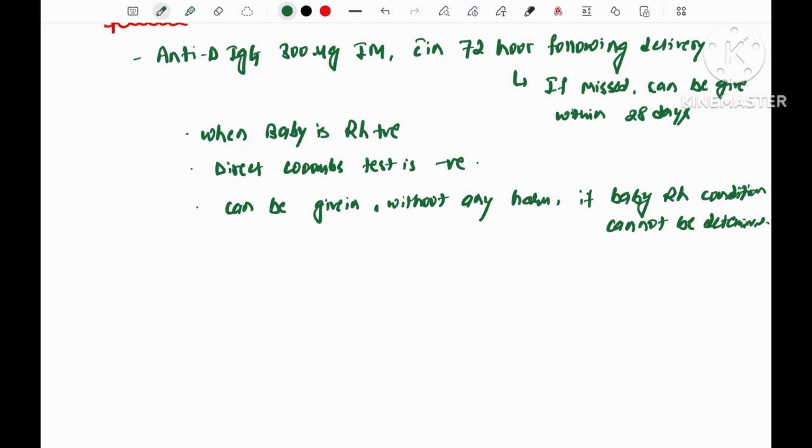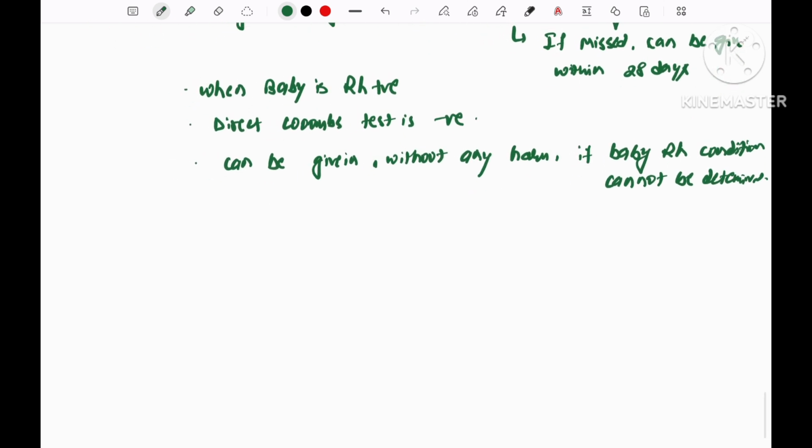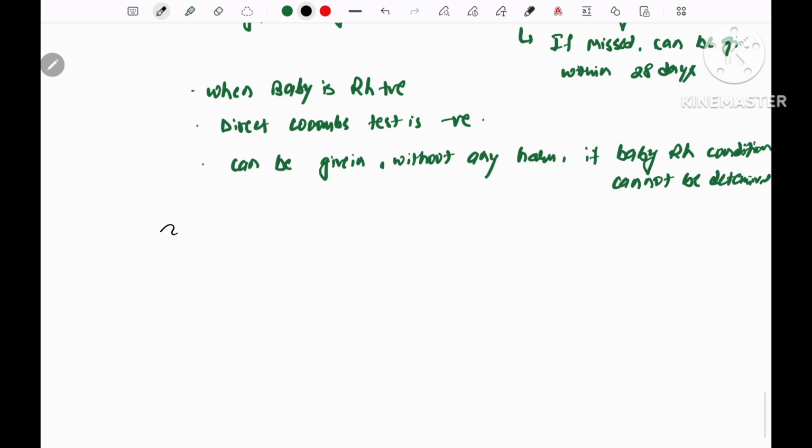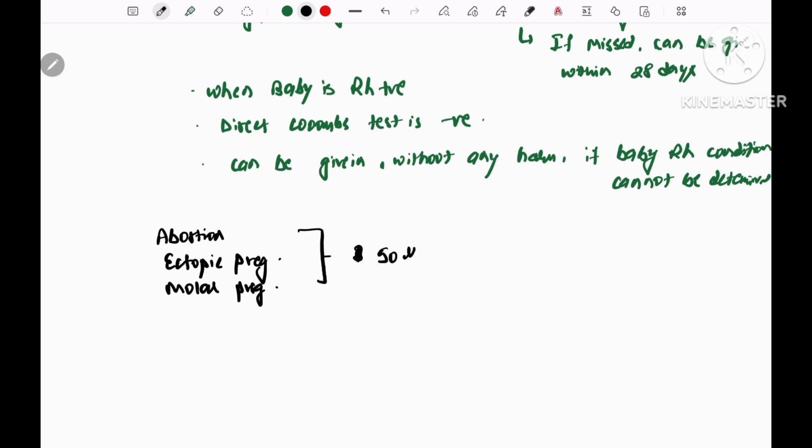So in conditions like abortion, induced or spontaneous, ectopic pregnancy, molar pregnancy, we give how much? We give 50 microgram of anti-D immunoglobulin to the female.